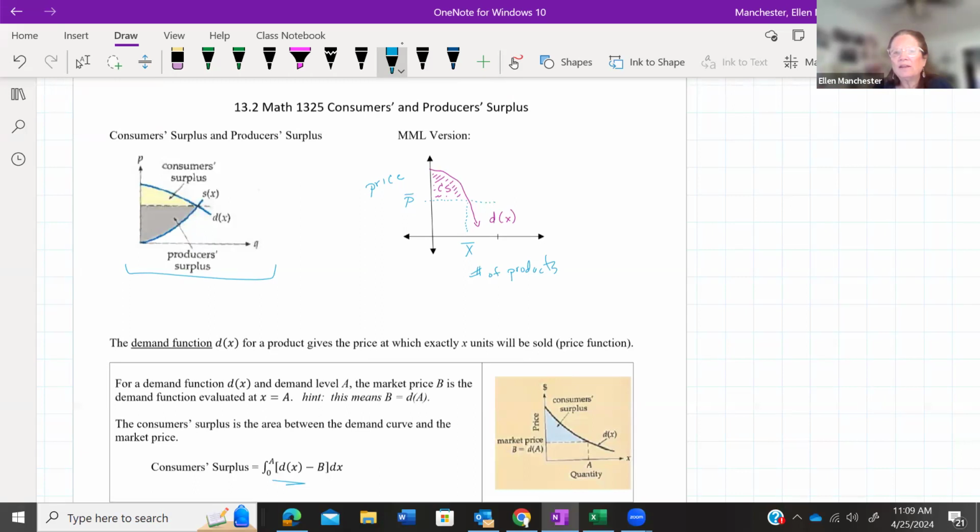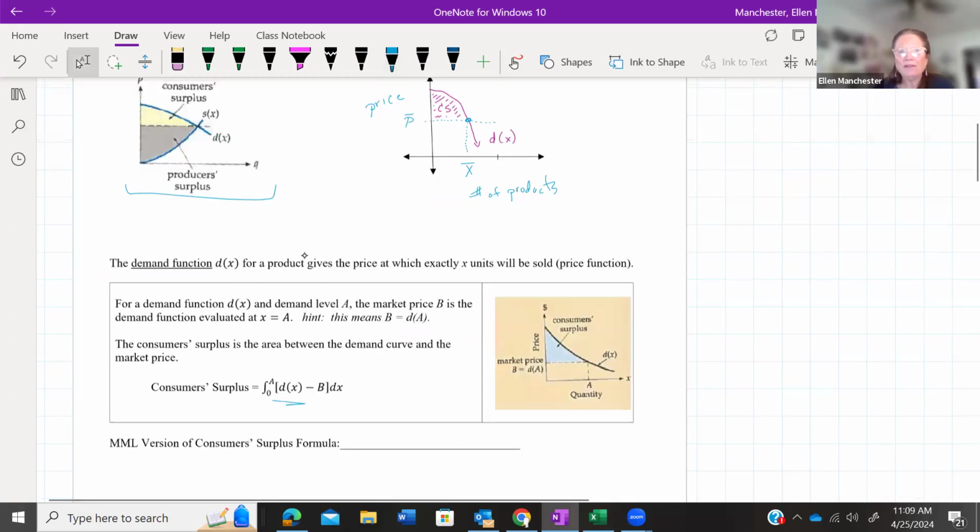And where the number of products hits the demand curve, that's the price. That's the current price, okay? So what we're doing is finding the difference between the demand curve and the price. All right, and that is our function.